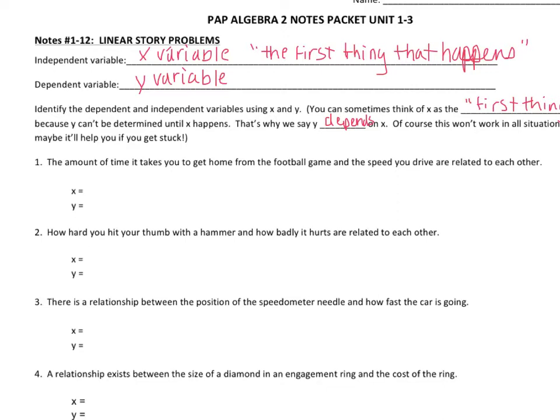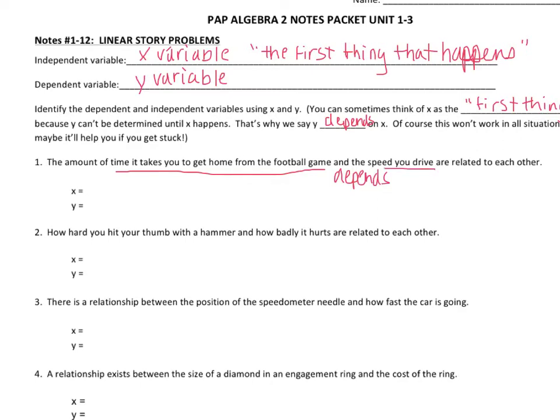So let's look at this first problem. We're just going to identify the independent and the dependent variable. So it says the amount of time it takes you to get home from the football game and the speed you drive are related to each other. So what depends on the other? Well, in this particular situation, I would say that the time it takes you to get home from a football game depends on the speed you drive.